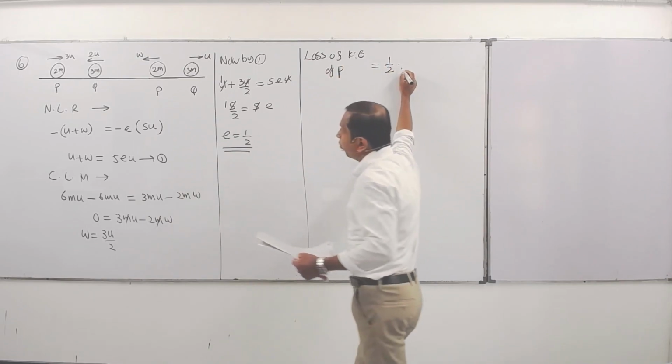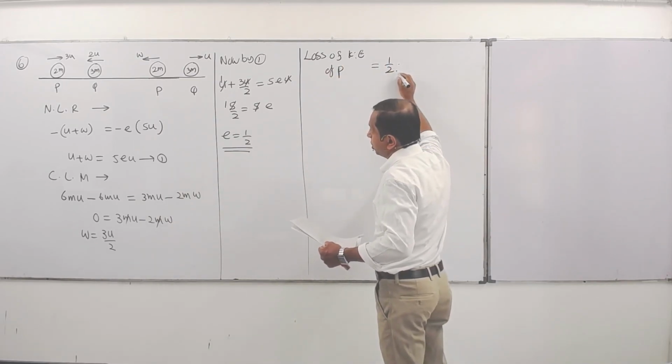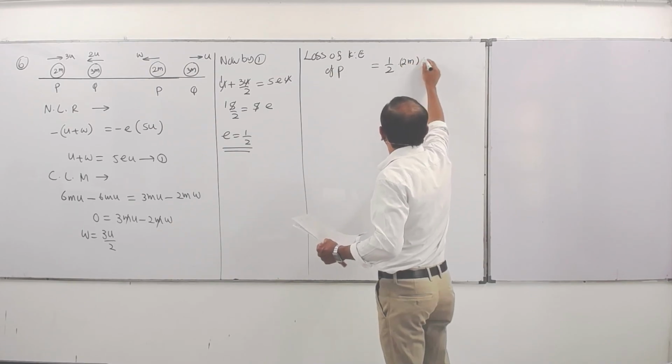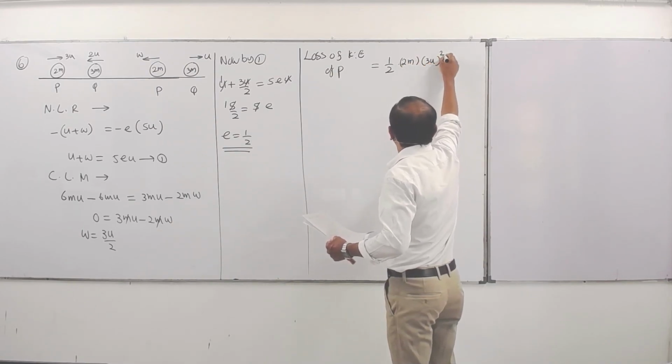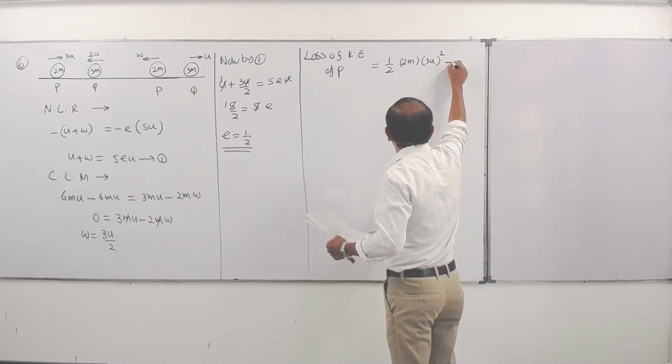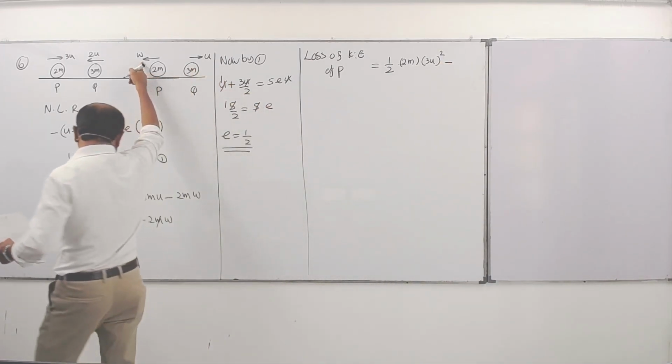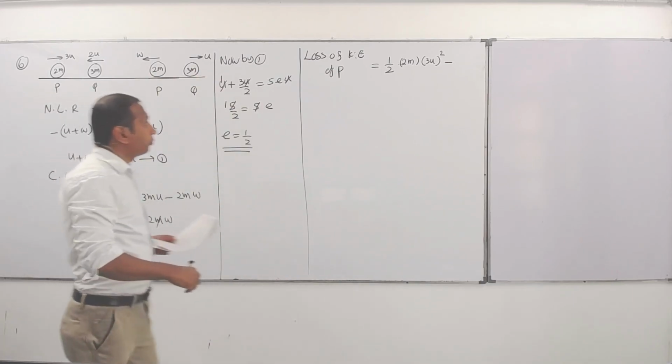Initially it was moving with velocity 3u, no? Half mass 2m, 3u squared. After the collision it moves with velocity w, that is 3u by 2.